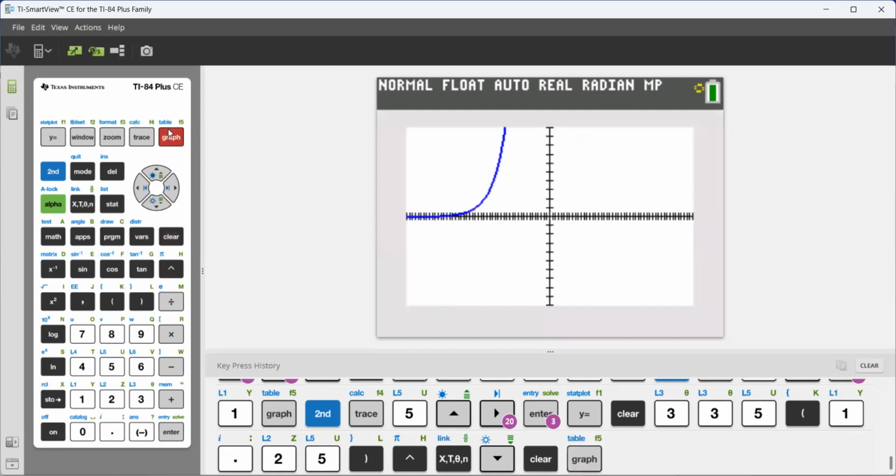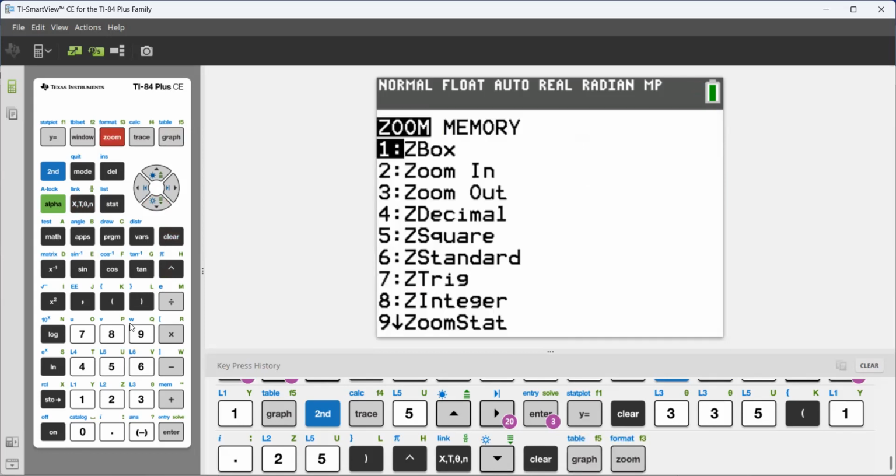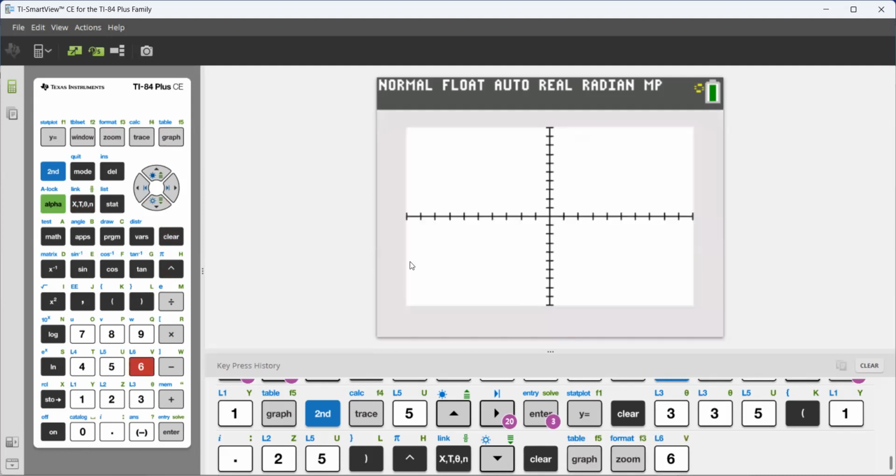Now, if you go to graph, I think my window is a mess. I'm going to do a standard window, or probably check what the window should be. The question gives us the window: x is negative 10 to 10, y is 0 to 1000.